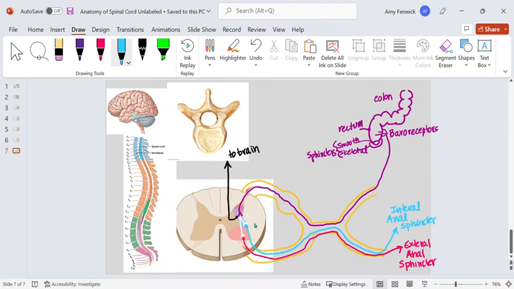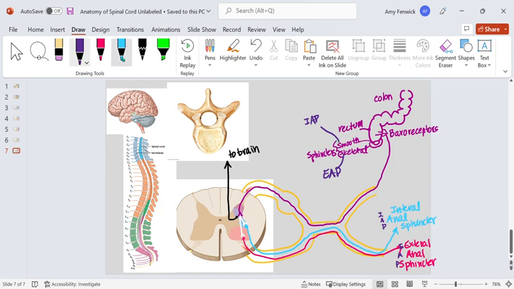In fact, we can abbreviate those up here. The smooth muscle up here is the internal anal sphincter, and the skeletal muscle is the external anal sphincter, right? So IAS, EAS. So it doesn't have to be so simple that one neuron goes in and one neuron goes out.